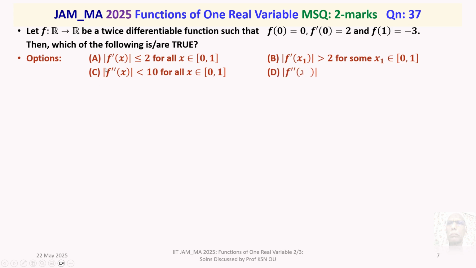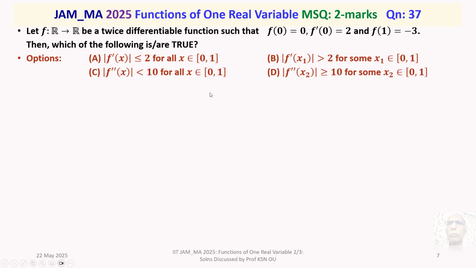Option C: mod of f double prime x is less than 10 for all x belongs to the closed interval 0 to 1. Option D: mod of f double prime x2 is greater than or equal to 10 for some x2 belongs to the closed interval 0 to 1. Options C and D talk about the second derivative.